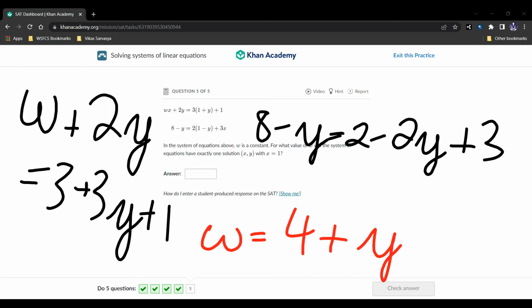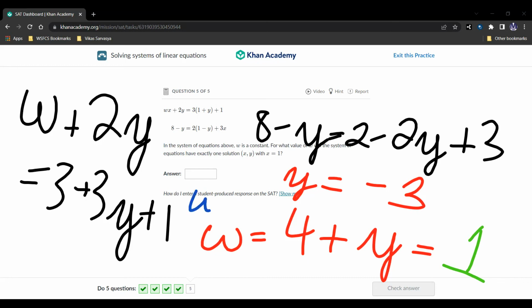So then we add 2y to both sides, and we get that y equals 2 plus 3 is 5, minus 8 is negative 3. So the 4 plus the y is 4 plus negative 3, or 1. So it seems like w should just be 1. There's no reason to doubt this right now, but we should still check it to make sure.